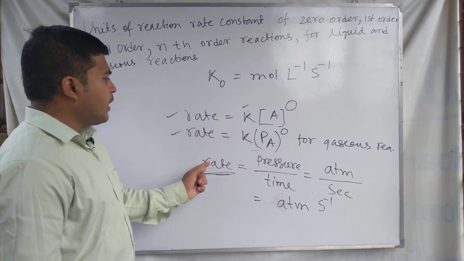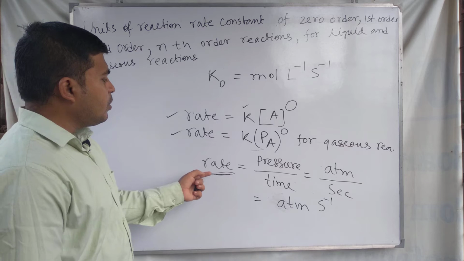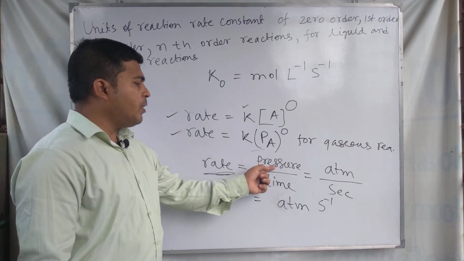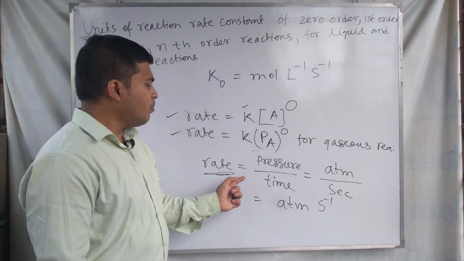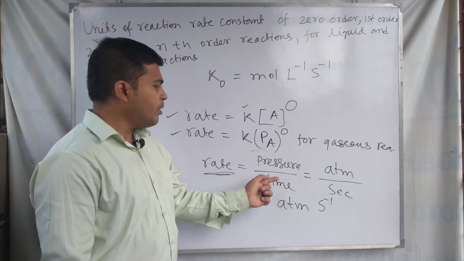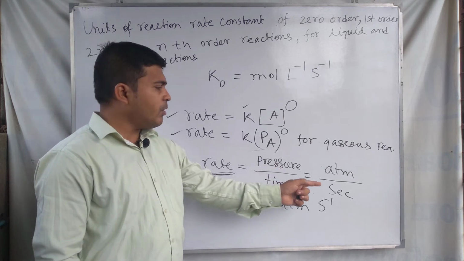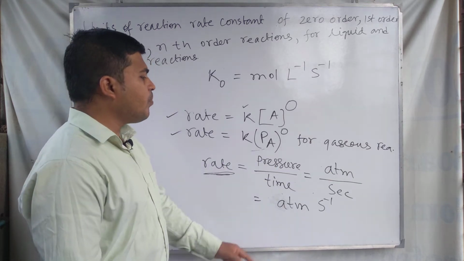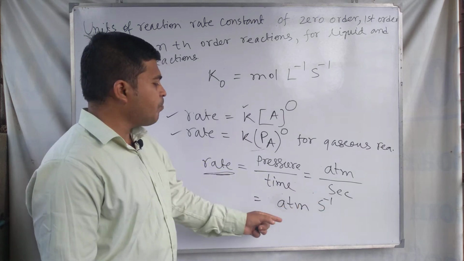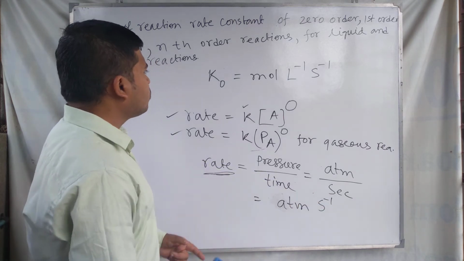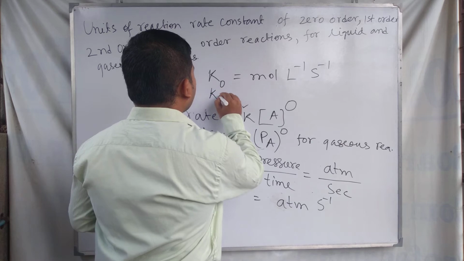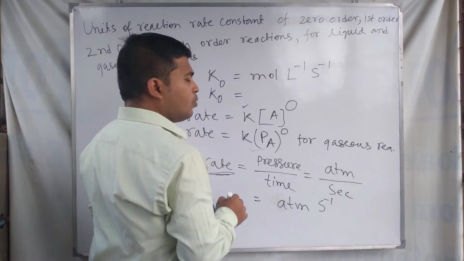But for the unit of rate here, pressure by time is taken, because it is a gaseous reaction. The unit of pressure is atm and the unit of time is second, so atm second inverse. So the zero order rate constant k has two units.